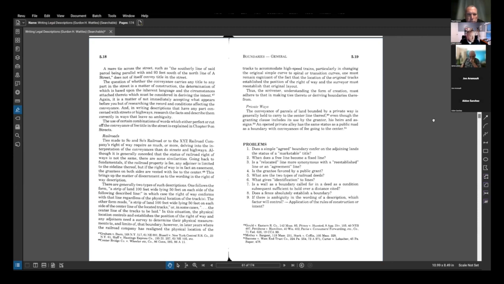A relocated line is a line that is relocated. It's been moved because there was a need to do it, right? And that needs to be done by some agreement. But a reestablished line is you're finding where the line was, and if you didn't know where it was, it's the best evidence of where it was by some equitable action.